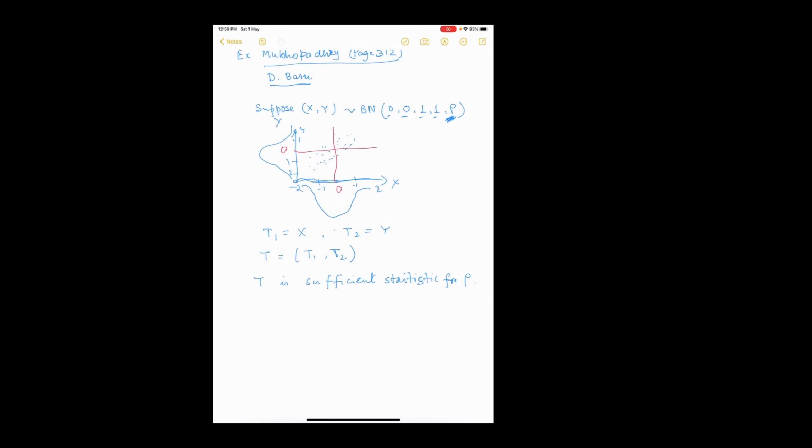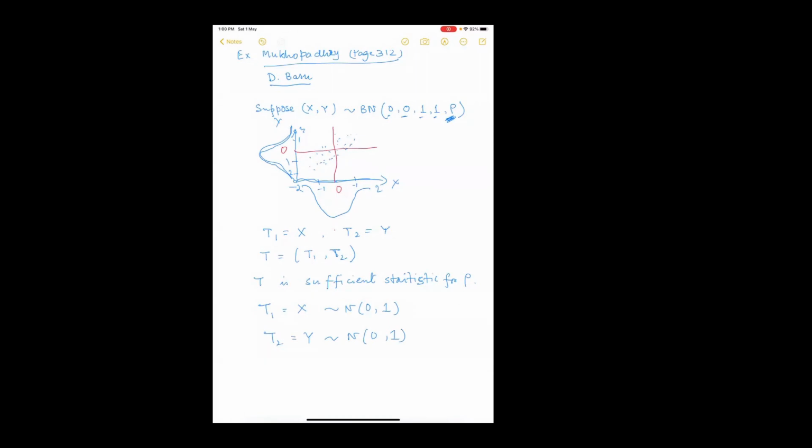Now look into the distribution of T1. The marginal distribution only follows a univariate normal with mean 0, standard deviation 1. The marginal distribution of T2 also follows a univariate normal with 0 and 1. Does any of them involve rho? The answer is no. So T1 and T2 separately do not contain any information about rho.